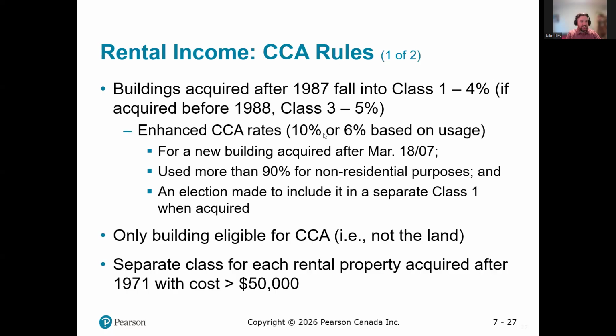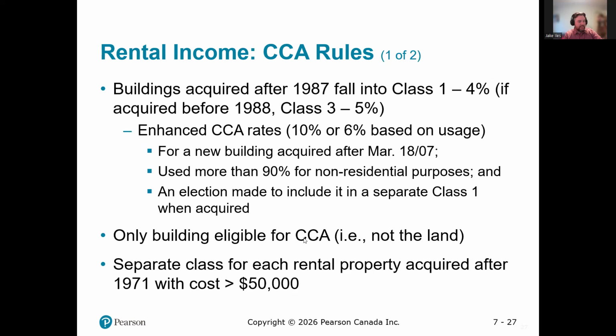So that 10% is mostly restricted for manufacturing facilities, but they have allowed it to be used for new apartments that are being put in to assist with housing units or the housing crisis these days. An election is made to include it in a separate class 1 when acquired.